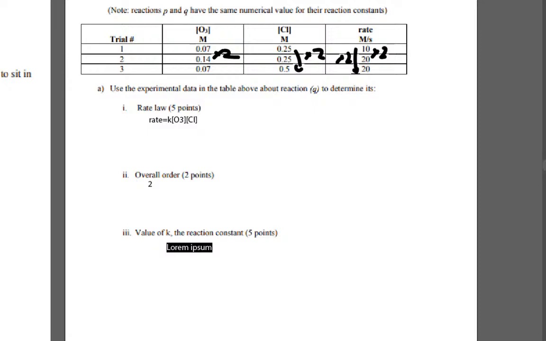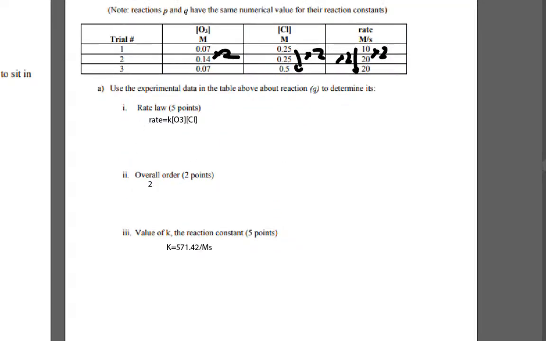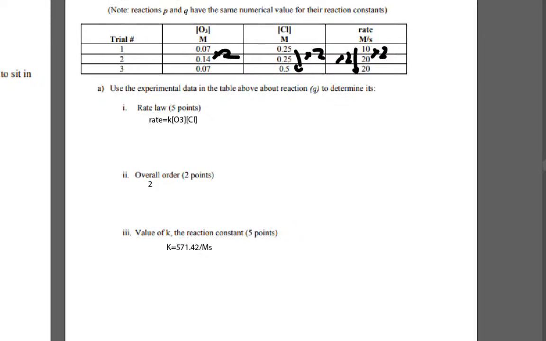So the k here would be 571.43, and then the units, which is 1 over ms. Good. Well, that's quick. Good.